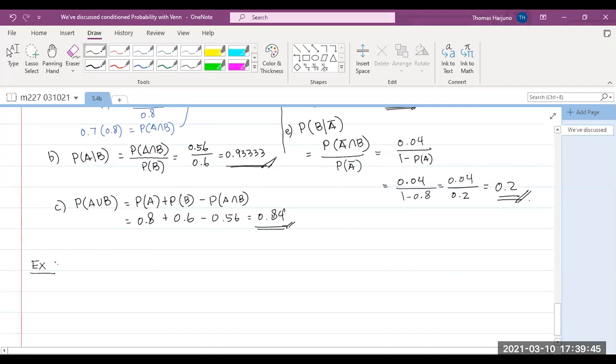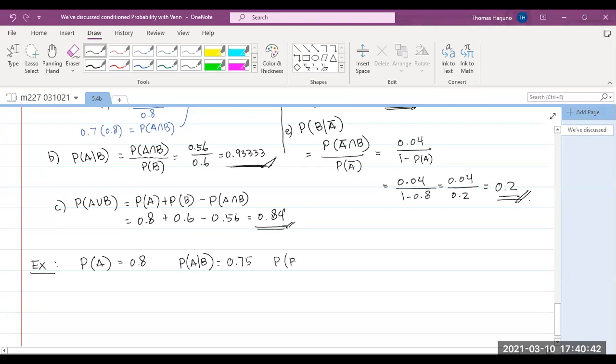The following, for example, let's say probability of A is 0.8. Probability of A given B is 0.75.